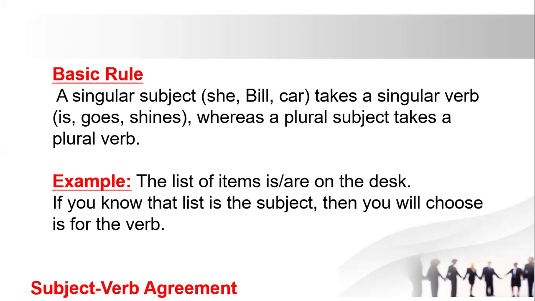The list of items is on the desk. This is the correct option, because here we are not talking about items. We are talking about the list. Because the list is the subject and the subject is singular, we have opted for is.